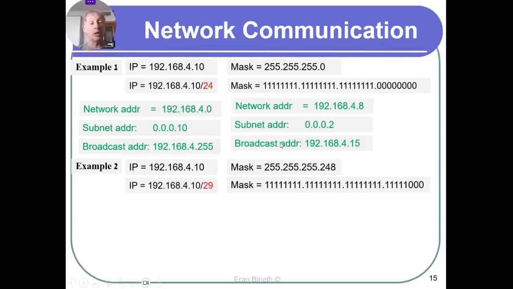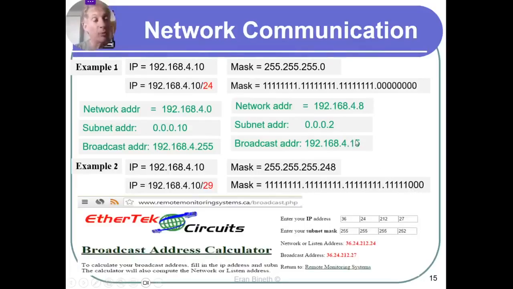And the broadcast address would be obtained by having all those 3 bits lit within this address, meaning 192.168.4, and the combination of 3 bits here with an 8. That's 7 with an 8. That's 15. We can easily compute that using some websites, for example, this calculator, or a Python program.